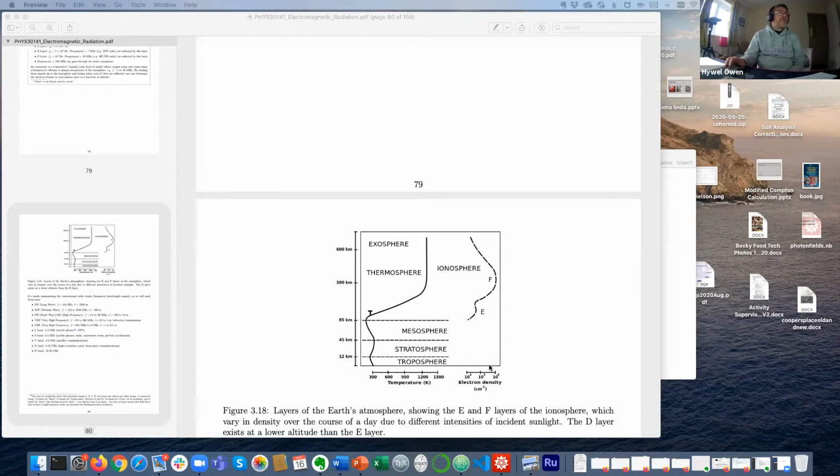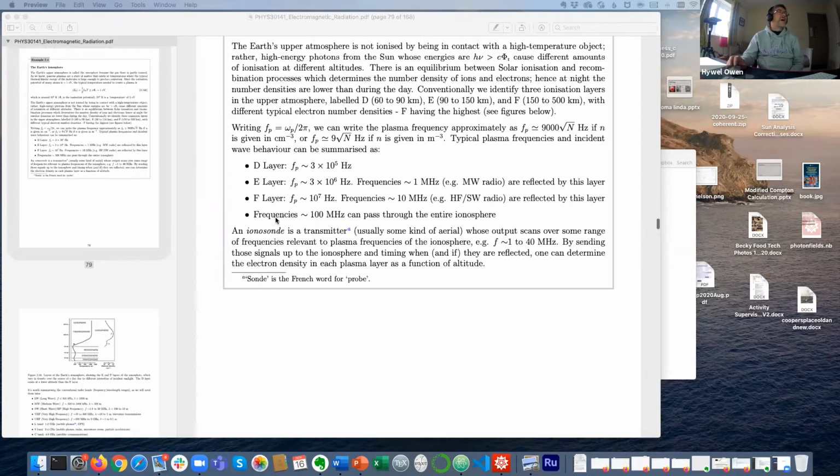If I turn the frequency up even higher and launch it upwards, it will travel through both the D and the E layer and then be reflected by the F layer and come back later still. And a sufficiently high frequency signal, which means something above the highest plasma frequency, so let's go back, you can see that the highest plasma frequency is about 10 megahertz.